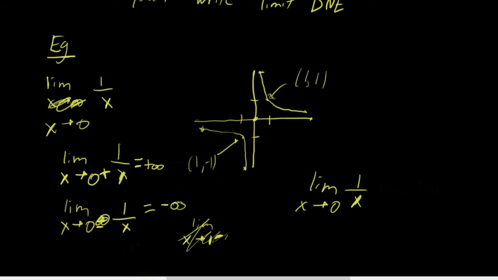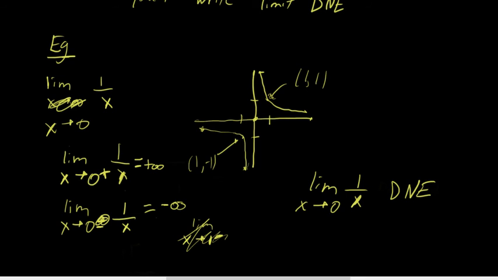But since that's not the case, we say this limit does not exist. And there should be no ambiguity on that, because coming in from the left, you approach large negative numbers, but coming in from the right, you approach larger and larger positive numbers.